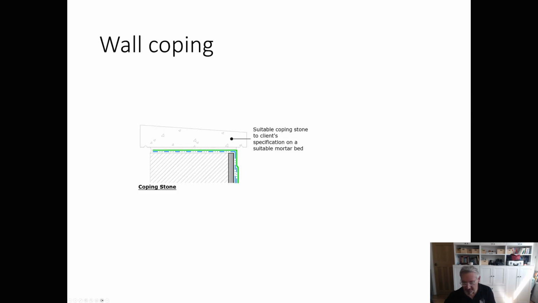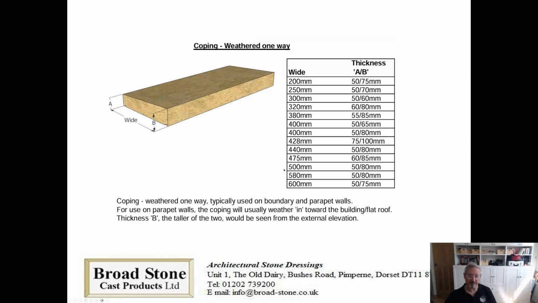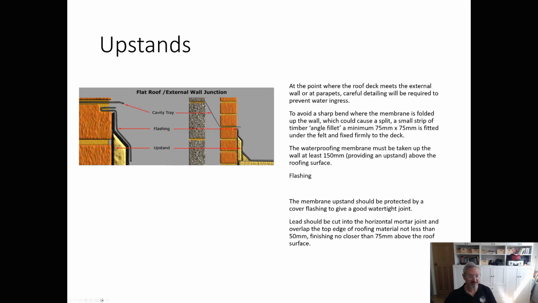Okay, so the wall coping on the new wall that we're building along the west aspect is going to look a little like this. So I've got this detail here. We're going to have a coping stone, so we're going to have to knock some of the bricks out, take the existing vegetation out of the brickwork, rebuild that up with matching brick, and then I'm going to try and put this detail on here, and this is how the flashing should work from the brick wall to the actual flat roof.